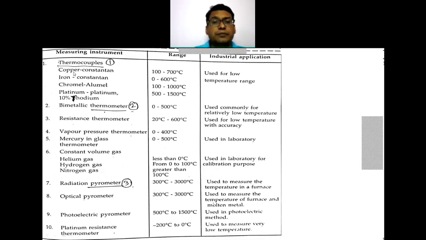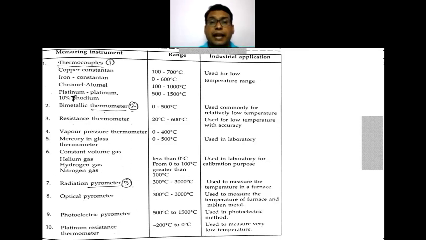Then there are different types of thermocouples, copper constantan and others, and they are used for different ranges. Copper constantan thermocouples are used between 100 to 700 degrees Celsius. Iron constantan is used for 0 to 600 degrees Celsius. Chromel alumel is used between 200 to 1000 degrees Celsius.